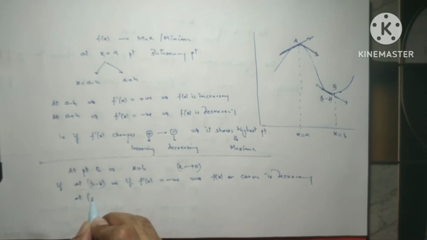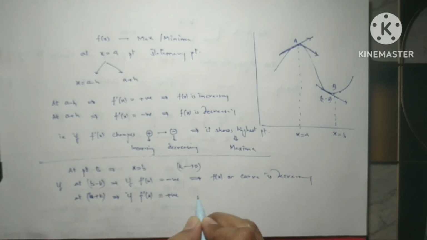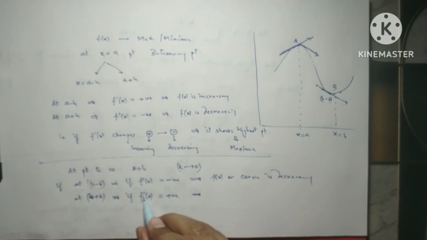If at a higher value than B, f dash x is positive, that shows its slope is positive, increasing.